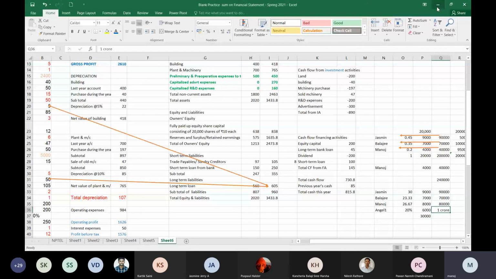When the angel came and invested 1 crore rupees for 20%, he received only 6,000 shares. By paying 1 crore rupees, he received only 6,000 shares. Because one share is now highly valuable in the market, but the face value remains 10 rupees.